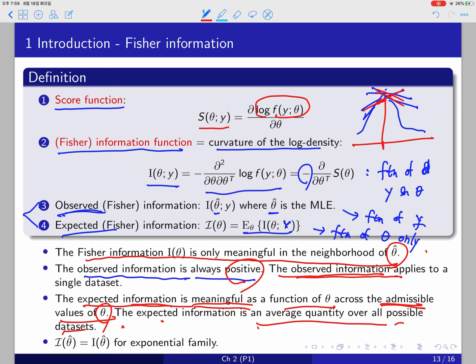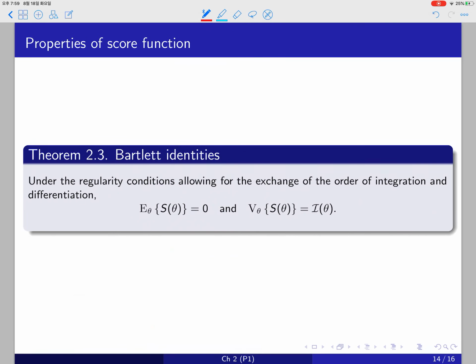The concept is that it's an average quantity over all possible data sets. So this is for one realized data, and this is for all possible data. Okay. So this is an important result, Bartlett. Sometimes this is called the first order Bartlett identity, and this is the second order Bartlett identity.